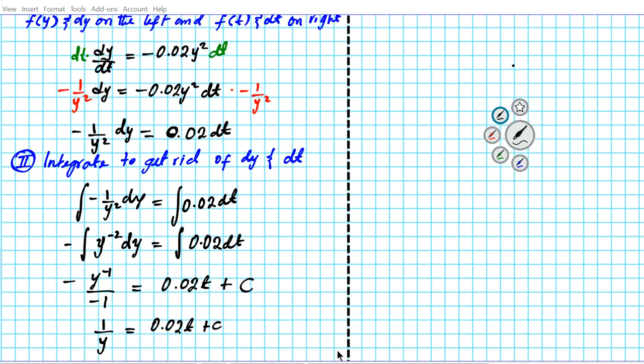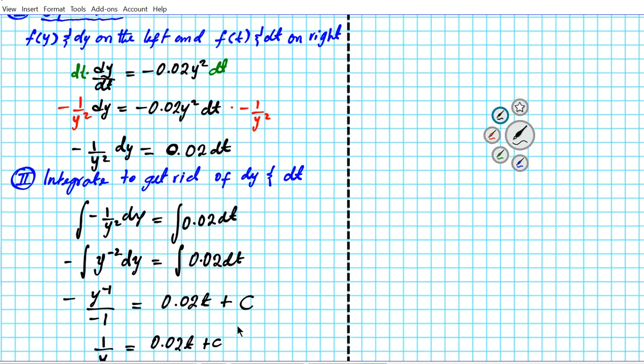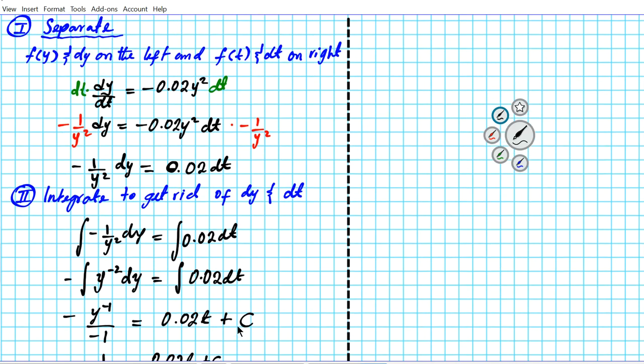Okay, this is known as the general implicit solution of our differential equation. What we're looking for is the particular explicit solution. We're going to advance to step 3, which is to find c. Okay, to find c, how are we going to do that? In order to find c, let's go ahead and put it down. Step 3, to find c, we're going to be using the initial condition given to us, f of 0 equals 10. What does that mean? What does f of 0 equals 10 tell us?